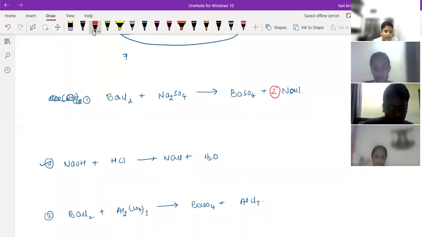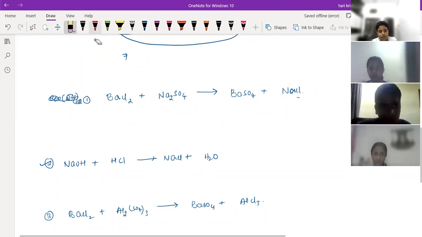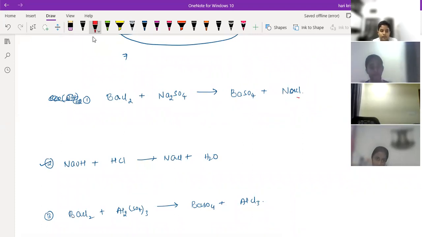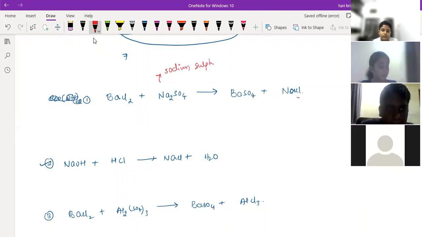What is BaCl2, sir? Because you have 2 Cl here, only 1 Cl is there. So if you place 2 before NaCl, everything will be solved. BaCl2 is barium chloride. Na2SO4 is sodium sulfate.